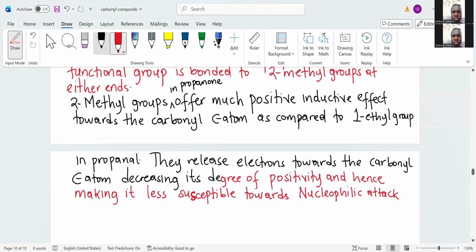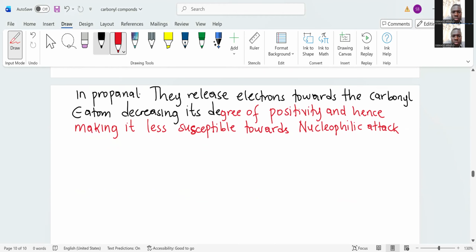I am running out of time. They release electrons towards the carbonyl carbon atom, decreasing its degree of positivity and hence making it less susceptible towards nucleophilic attack.